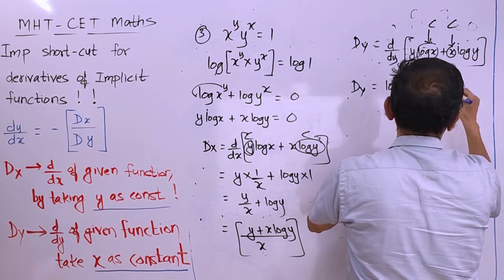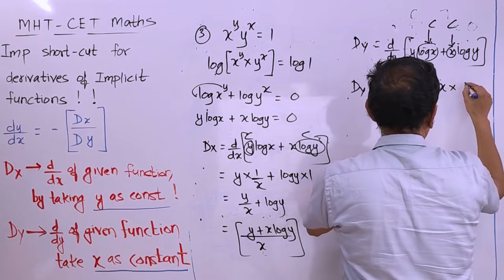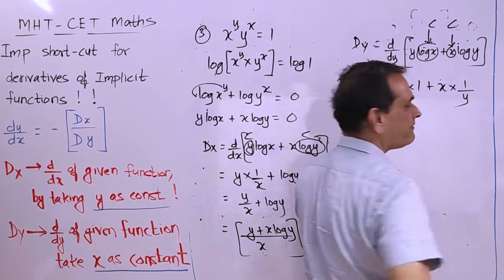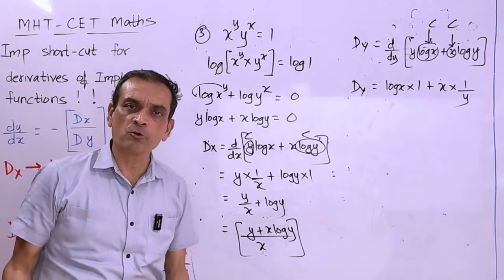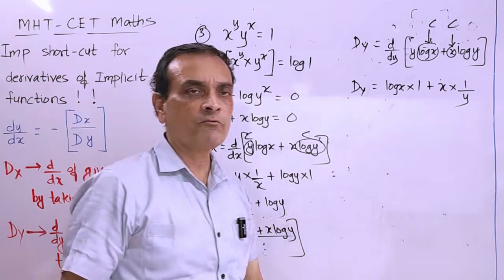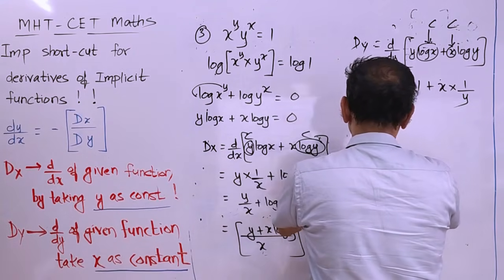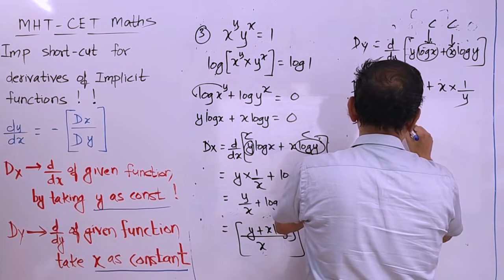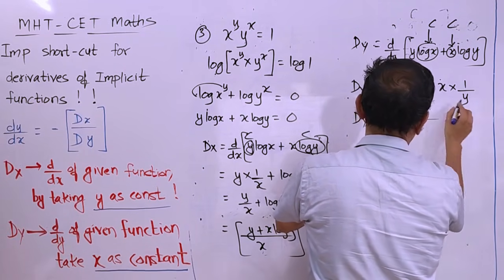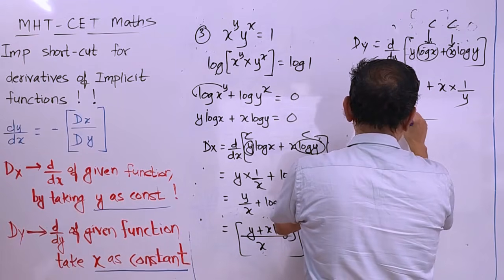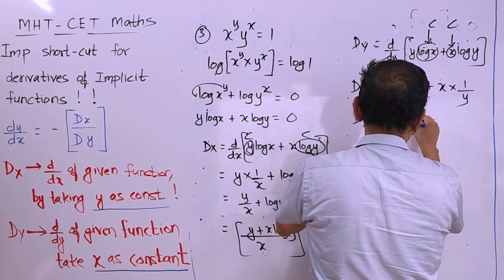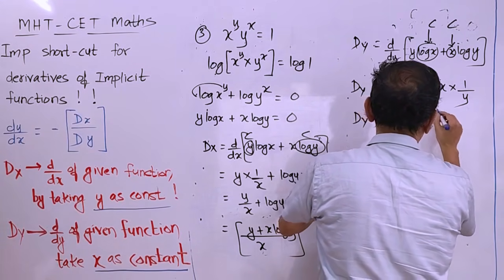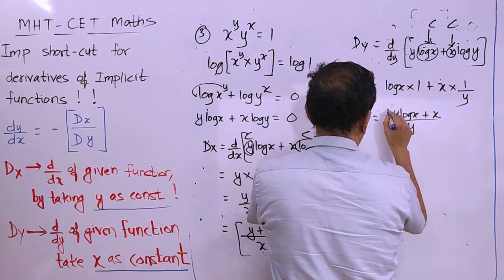X constant बाजू को रखो. Derivative of log y is 1 upon y because derivative of log x is 1 upon x with respect to x. Same way, derivative of log y 1 upon y. Y is the LCM. Cross multiply. Y log x plus x into 1.